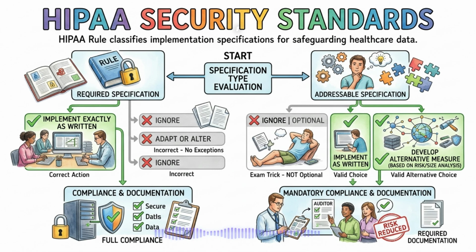Addressable means the organization must evaluate the specification and either implement it as written, or implement an alternative measure that accomplishes the same security goal based on their size and risk analysis. The exam will try to trick you into thinking addressable rules can simply be ignored. So remember that they still require formal compliance and documentation.